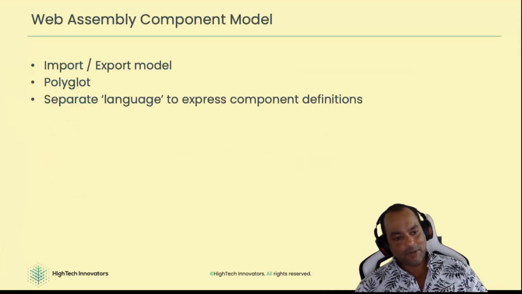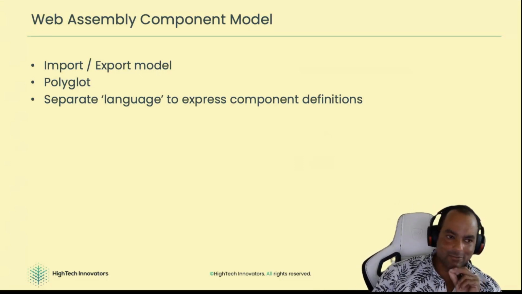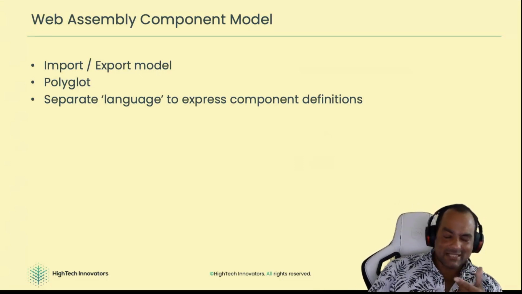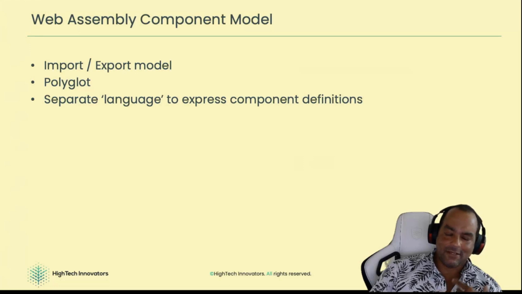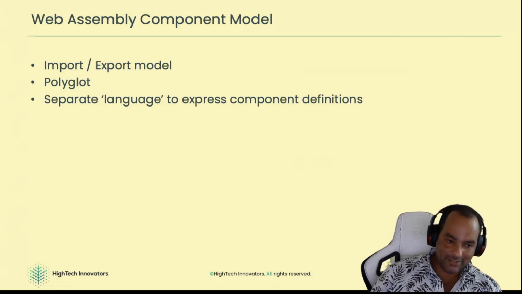If you are familiar with OSGi in the Java space from way back, that might ring a bell. But it's a model where for every component you can declare what external services it needs to operate, and what services it offers.